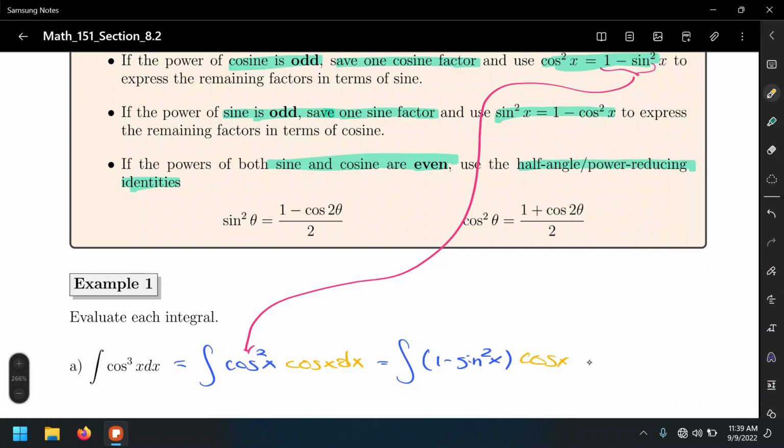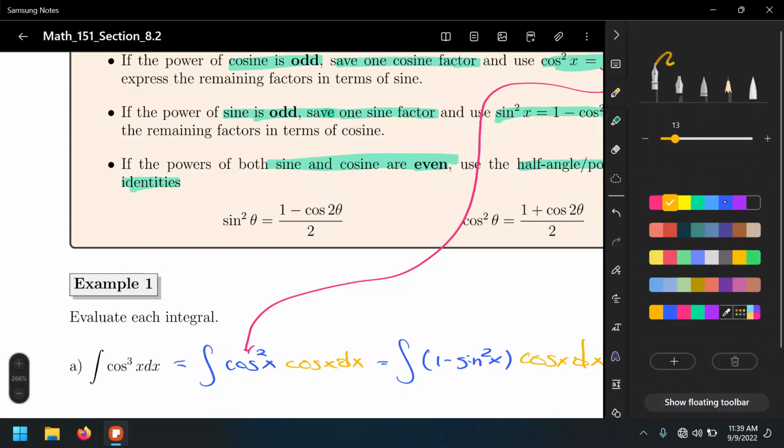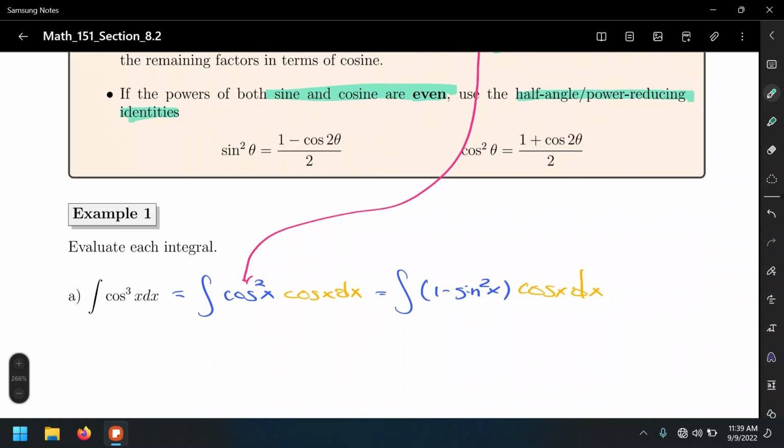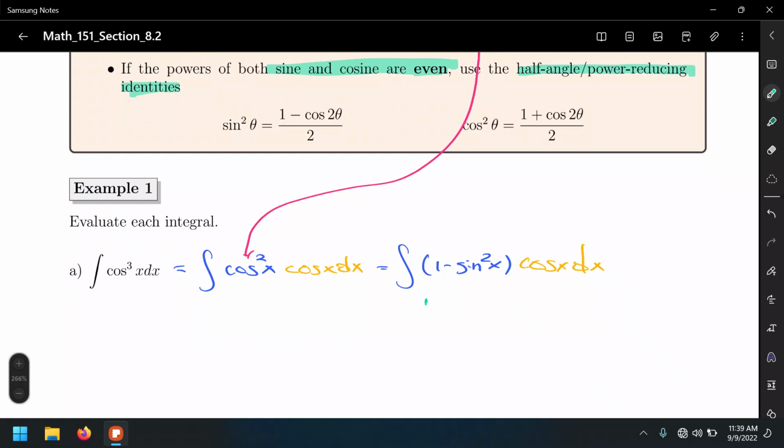So that's 1 minus sine squared, times cosine x dx. And in this case, we are ready to use the u substitution. Why? Because if we take u to be the sine function, what's the derivative of sine? Don't we have that cosine in there? So u equals sine x, and du equals cosine x dx, and it's there.